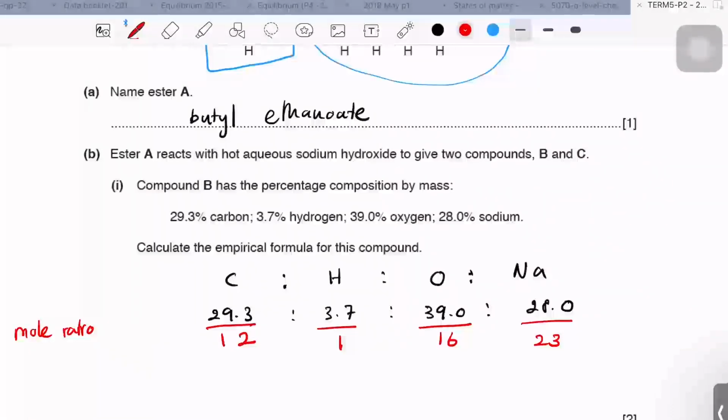Right, quickly solve this. Find the empirical formula, guys, quickly. So 29.3 divided by 12 is 2.4416, so you get 2.44.